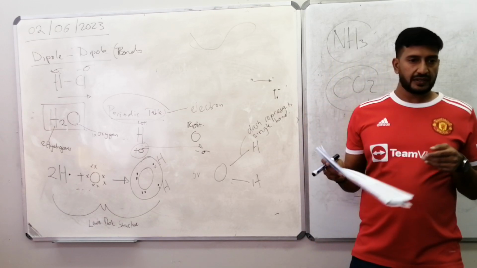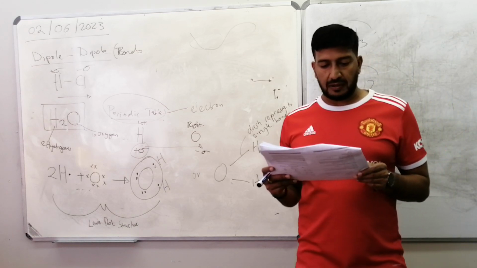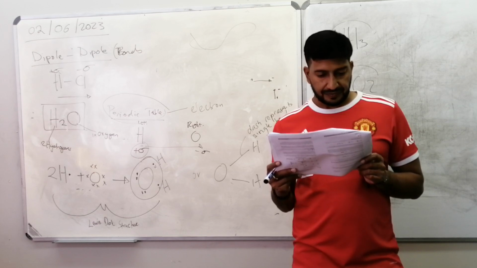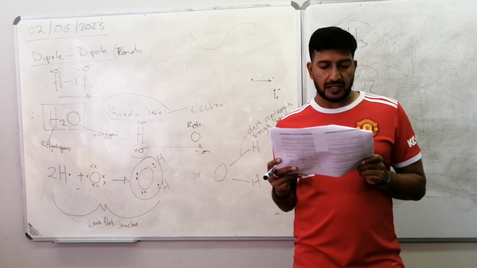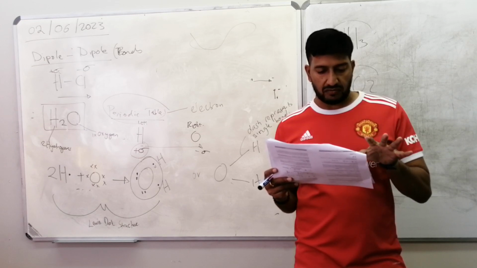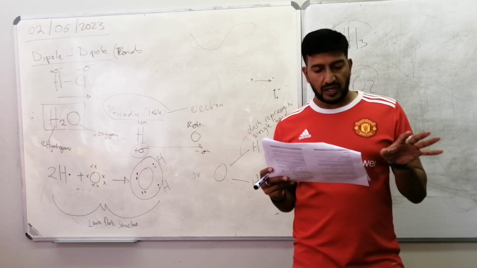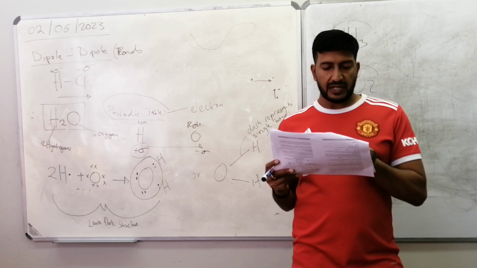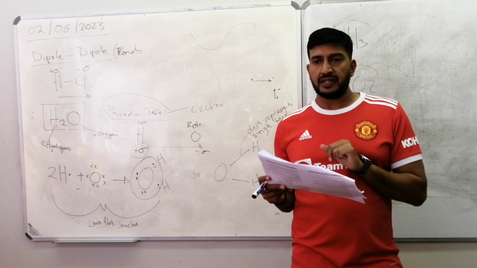Turn over, guys. So we've got NH3 there, and we've got boron, BCl3, boron trichloride, combining with ammonia here. Now let's look at the unpaired electrons.